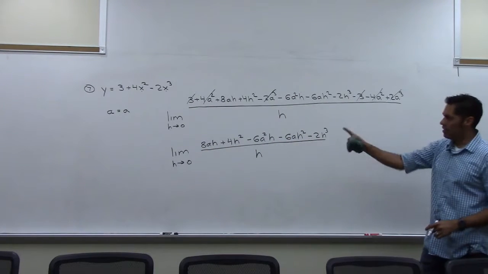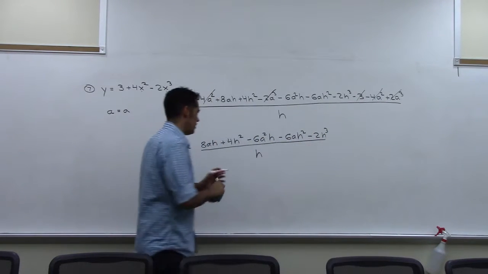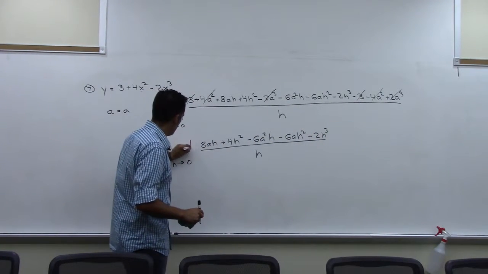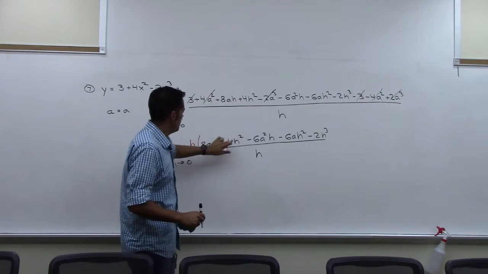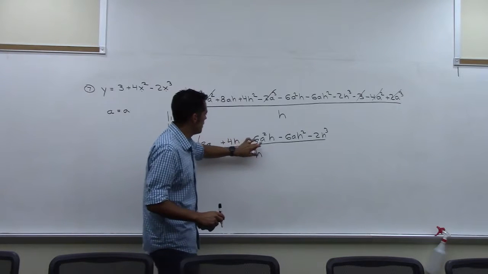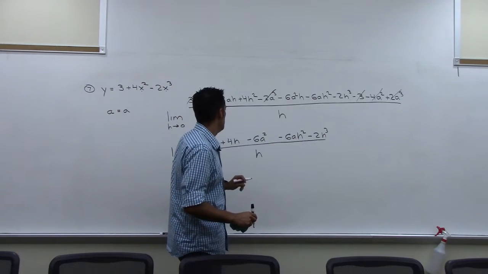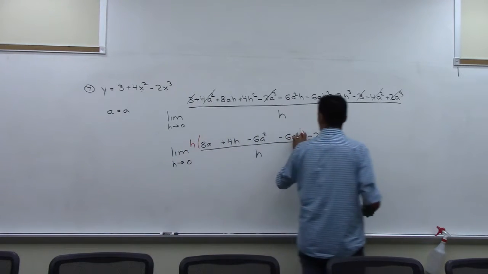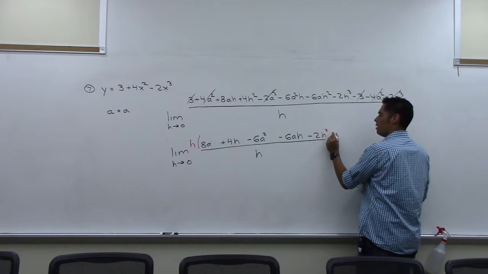Now, since everything in the numerator has an h in it, I will factor an h out. So I'm going to do this without having to rewrite the whole thing. Here I pull an h out. When I pull an h out, that h goes away. This h squared becomes an h. This h goes away. And this h squared becomes an h. And this h cubed becomes an h squared.